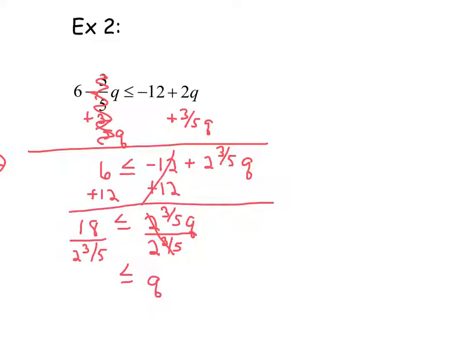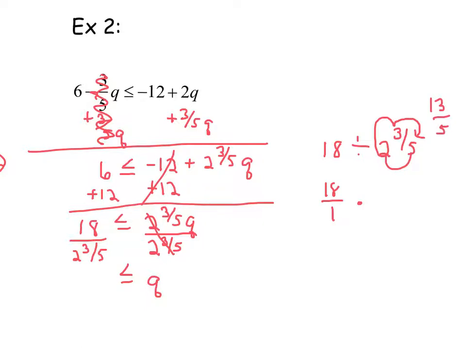Alright, so I'm going to do the work on the side. I take 18 and I'm going to divide it by 2 and 3/5. So I'm going to put 18 over 1, and then I'm going to multiply by the reciprocal, but first I have to popcorn it, so I get 5 times 2 is 10, plus 3 is 13. So this is 13 over 5.